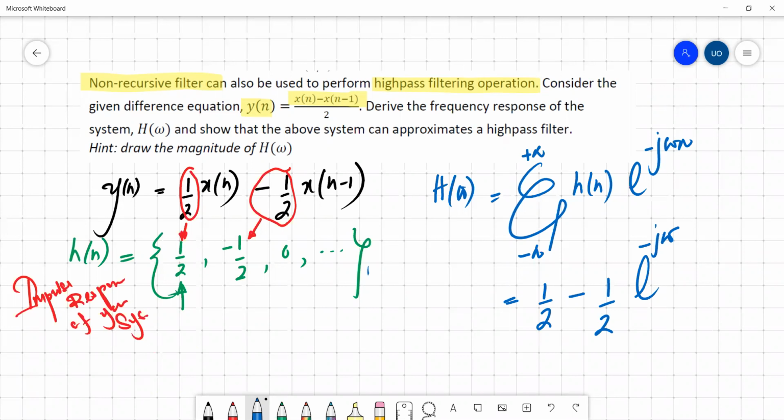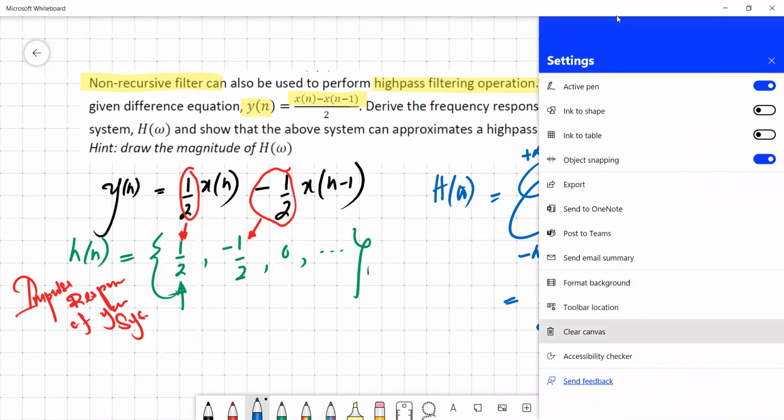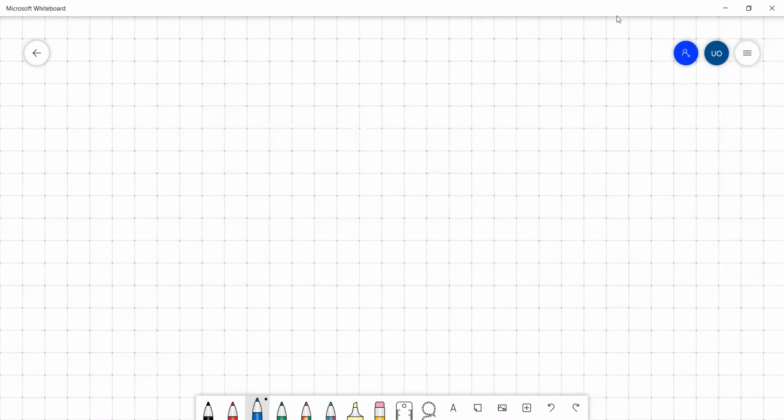Okay, now we have this. So H(omega) equals half times (1 minus e to the power minus j omega).